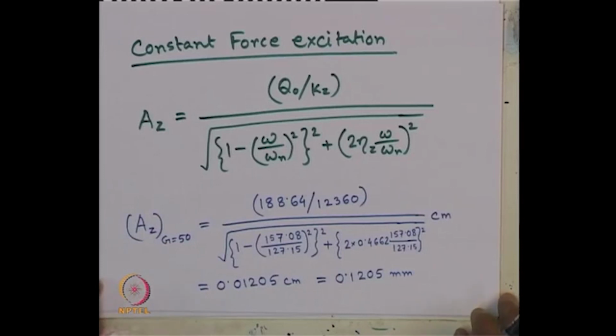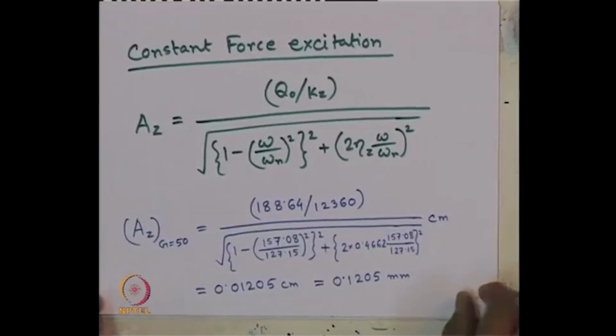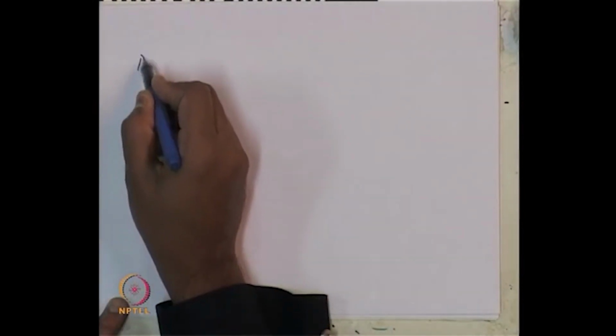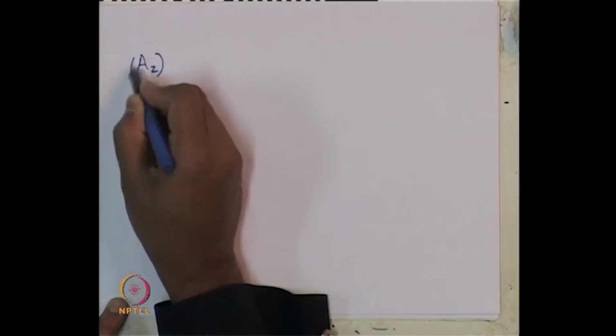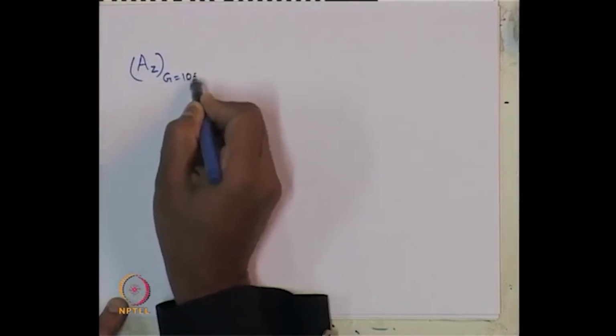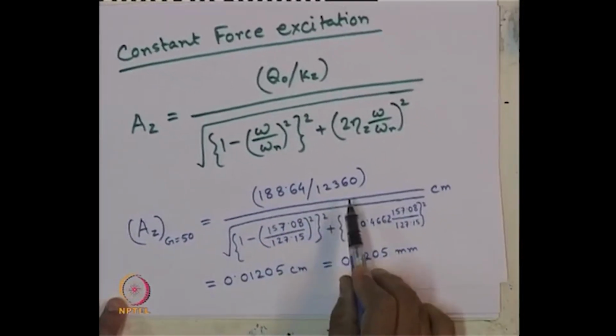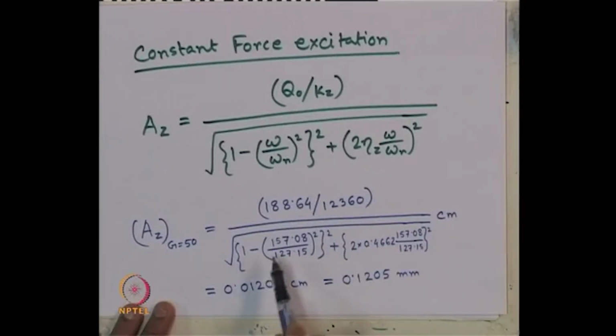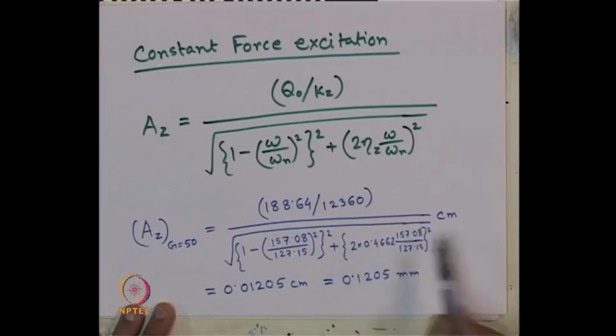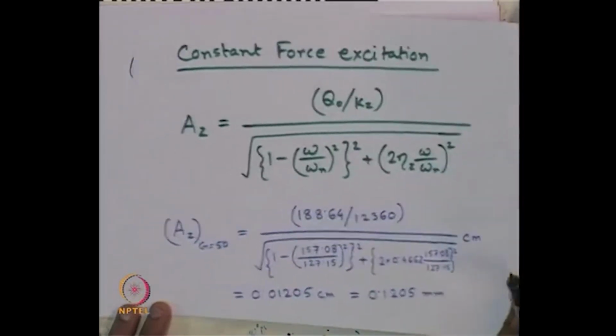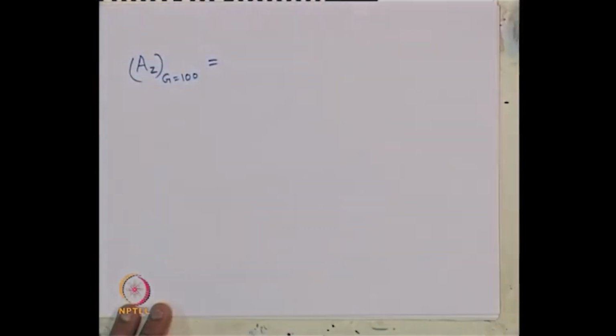Similarly, for the other two types of soil we can calculate the value of Az. So, Az for G equals to 100, what changes will be there? Q naught remains the same, Kz changes, it will become double, omega remains the same, omega n changes, eta z changes, and then we will get the value of Az at G equals to 100.